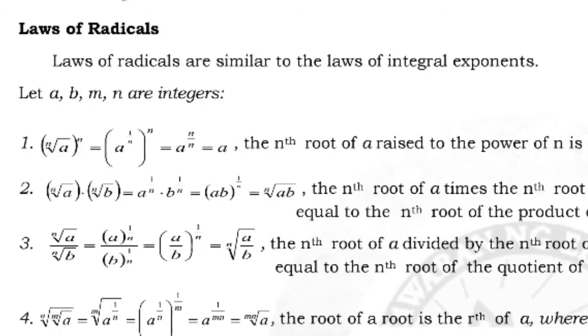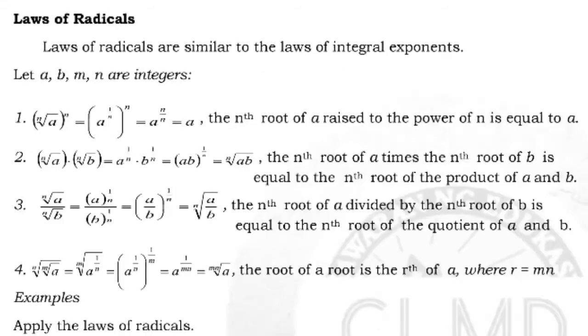Next is laws of radicals. Laws of radicals are similar to the laws of integral exponents. Let a, b, m, n be integers. So number 1, nth root of a raised to the power of n is equal to a to the power of 1 over n raised to the power of n.